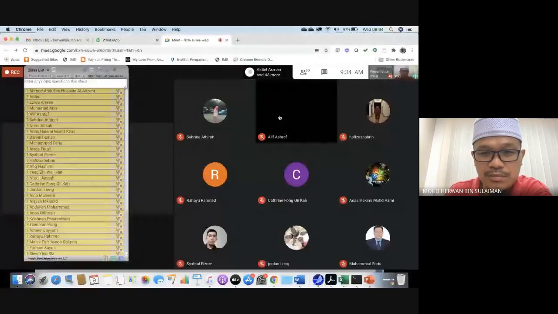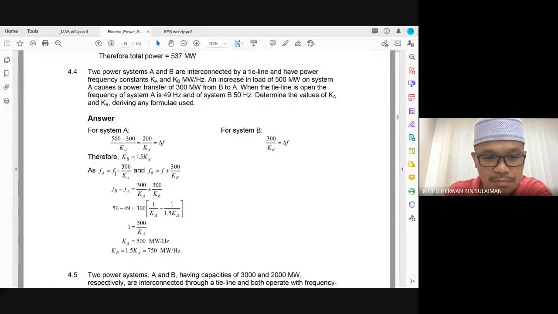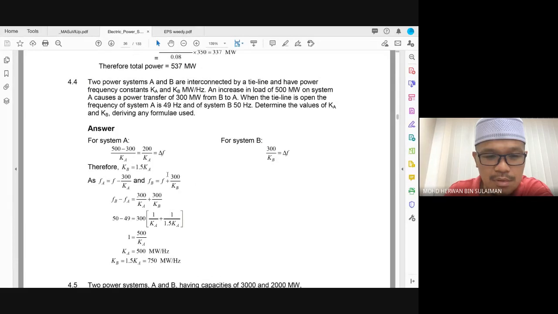So similar from here, your FB, this one you receive, right? F minus 300 by Ka, and FB, because the power is transferred from B to A, 300, you have F plus 300 divided by Kb. From these two equations, because you have a common frequency here, I just write this one.